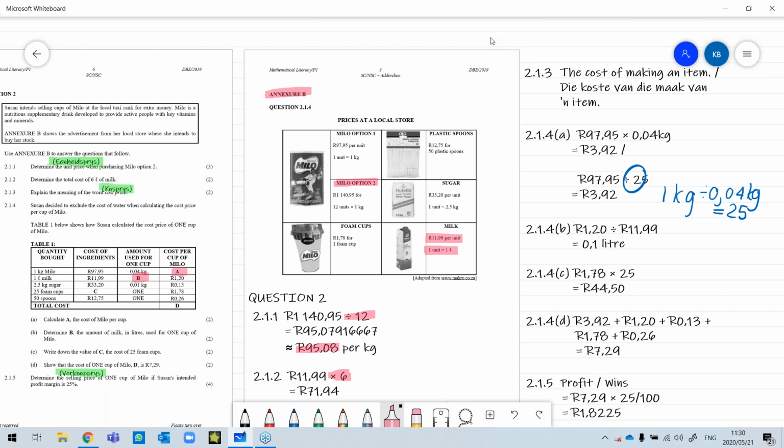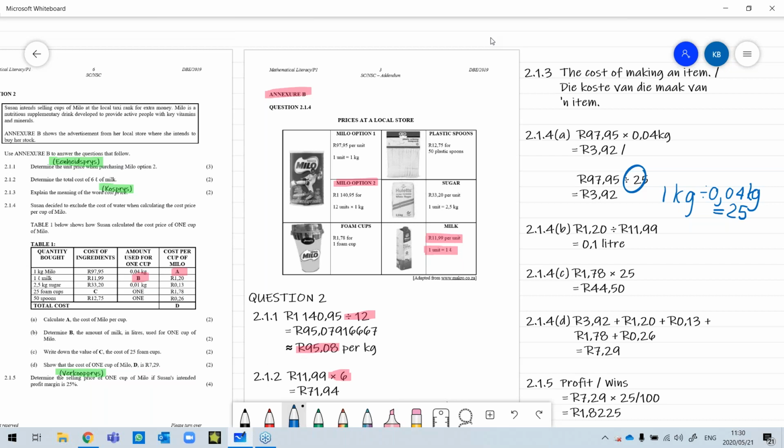So for B, we are going to say the cost per cup of Milo, 1 Rand 20 cents, and we divide the cost of ingredients, which is 11 Rand and 99 cents. If we divide those two values, it gives you an answer of 0.1 liter.